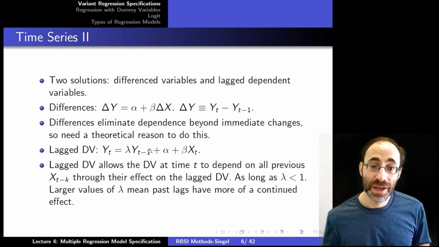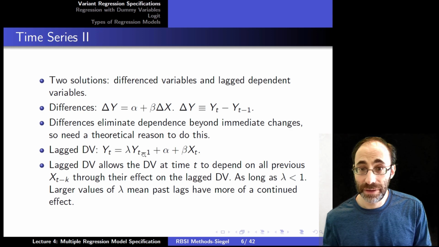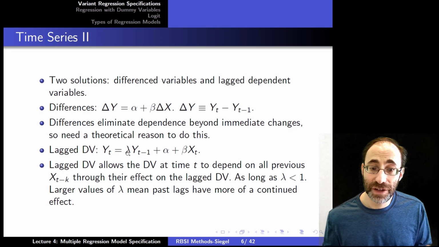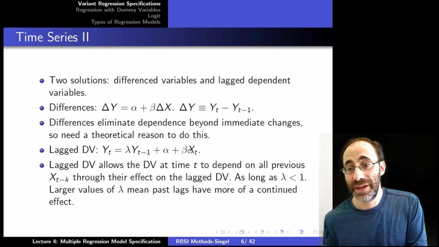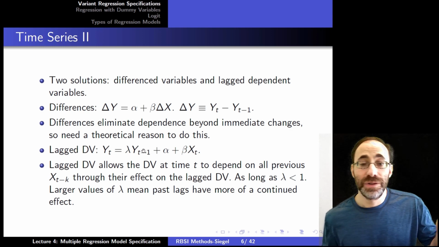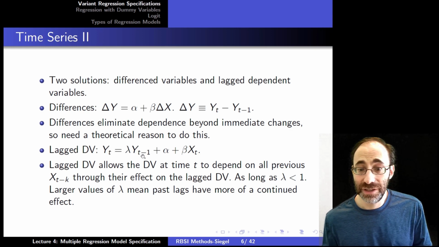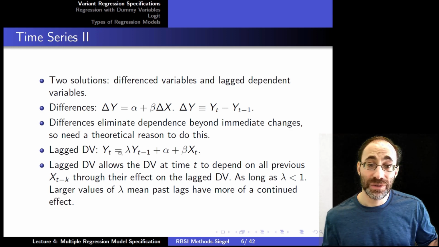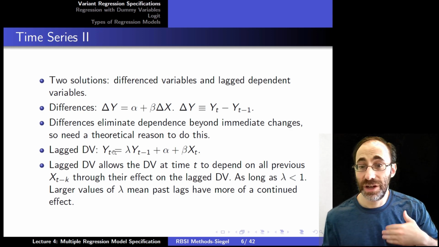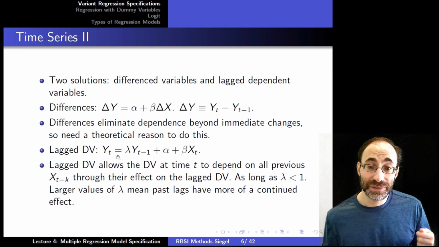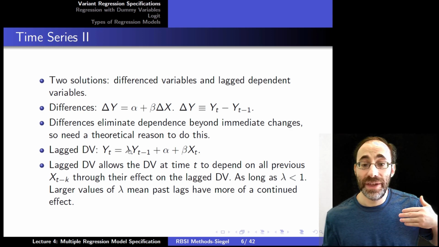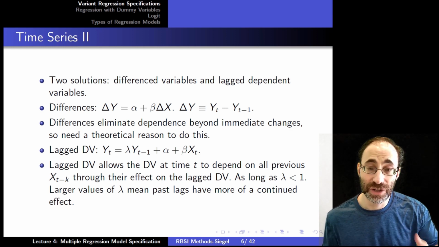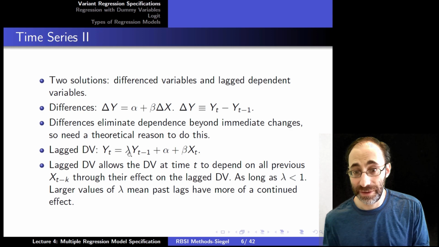To see how this works, note that y of t minus 1 recursively is going to be a function of y of t minus 2 plus beta x of t minus 1. So y of t automatically becomes a function of x of t minus 1 that way, and then so on all the way down to the beginning of time. So y of t is going to be a function of all the x's through all time. However, if lambda is less than 1, then the past lags will have reduced effects because they're all multiplied by lambda, which is less than 1.